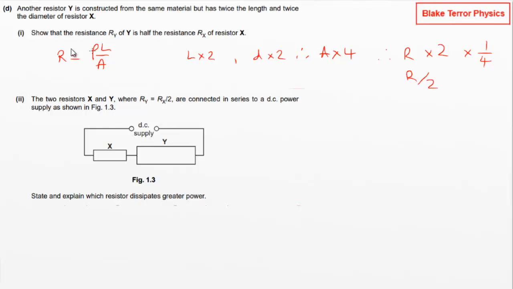If you're wondering how you'd actually set that out in the answer, you could say that R Y is going to be equal to rho times 2L divided by 4A, and then you can say rho L over A is equal to Rx.